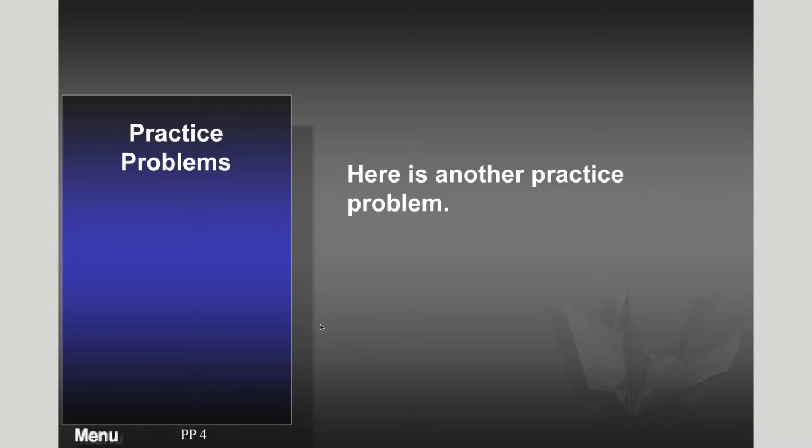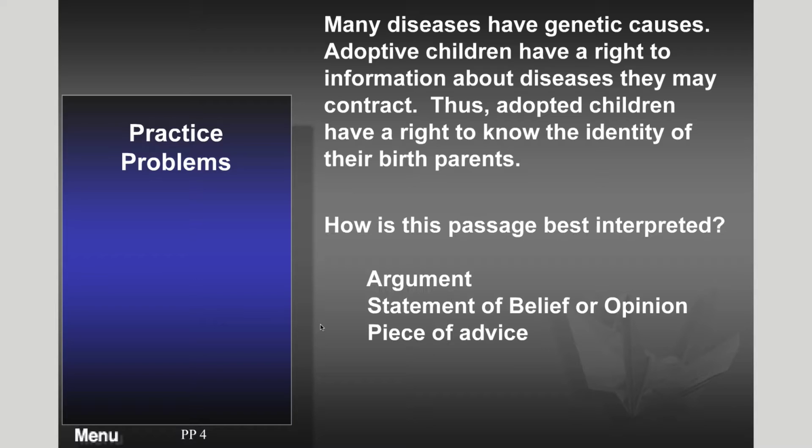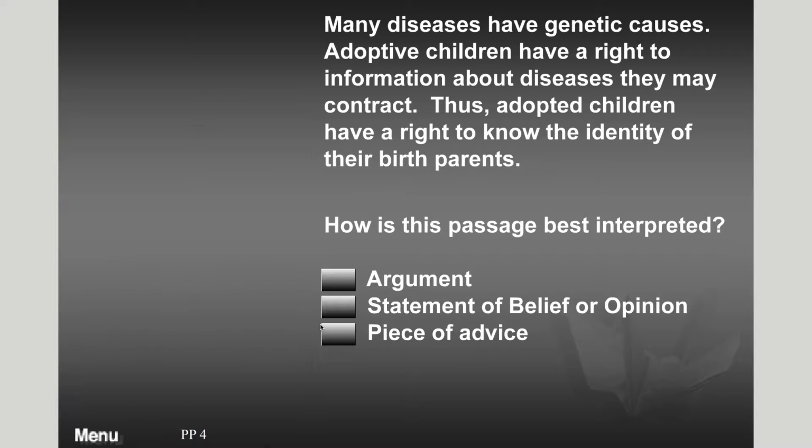Here's another practice problem. Many diseases have genetic causes. Adoptive children have a right to information about diseases they may contract. Thus, adopted children have a right to know the identity of their birth parents. Now here, you'll notice that we have one of those words that tells us to look for a conclusion.